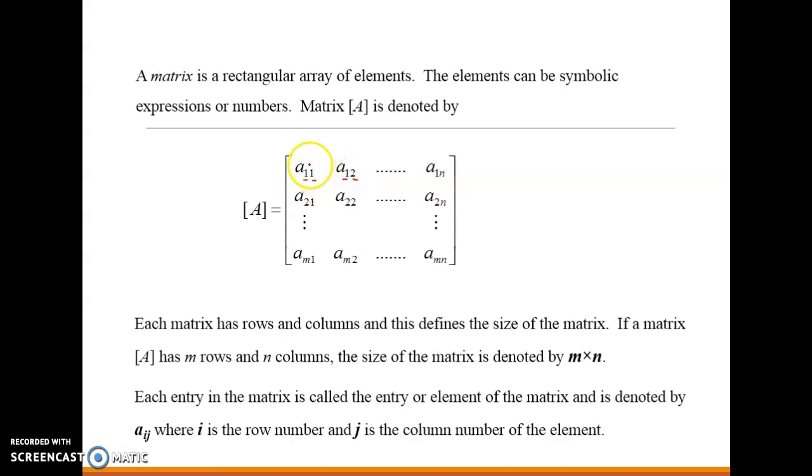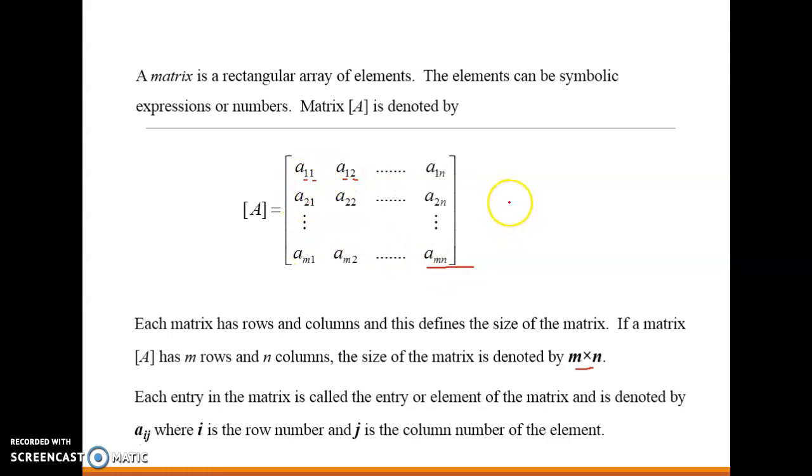So every element is represented in the form Amn, where m represents the row number and n represents the column number. This is basically how you can represent it.